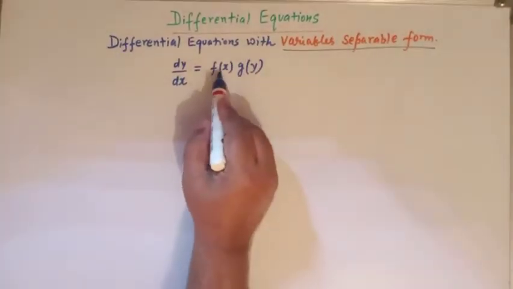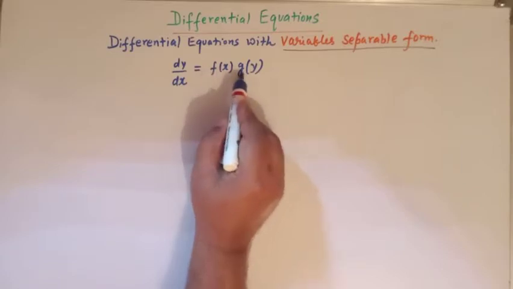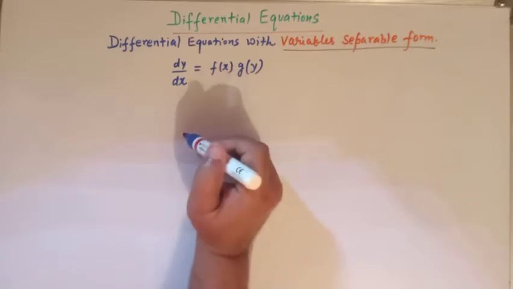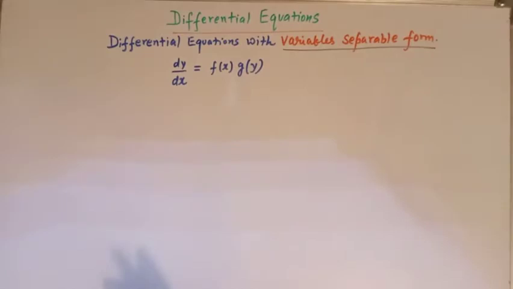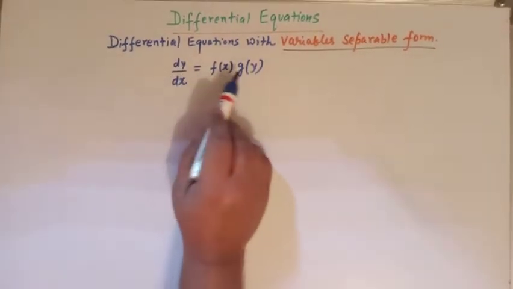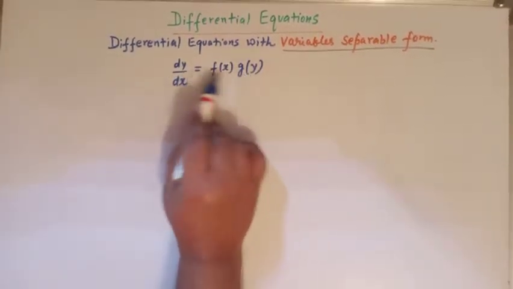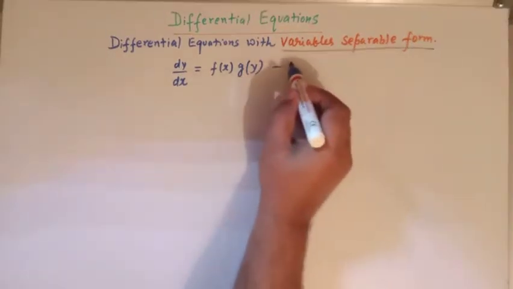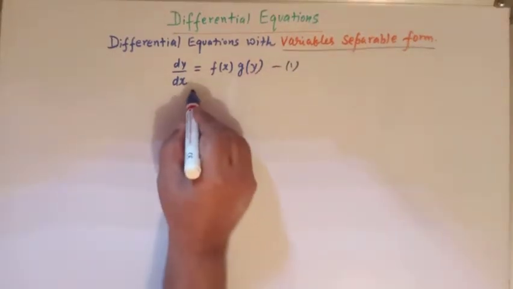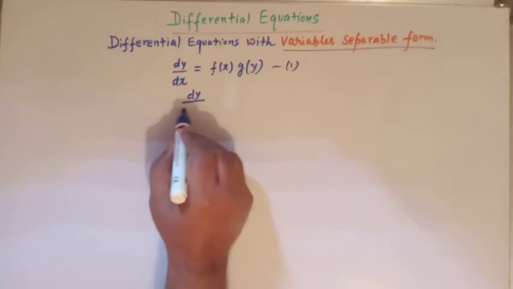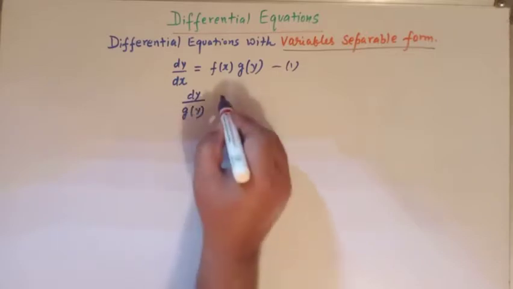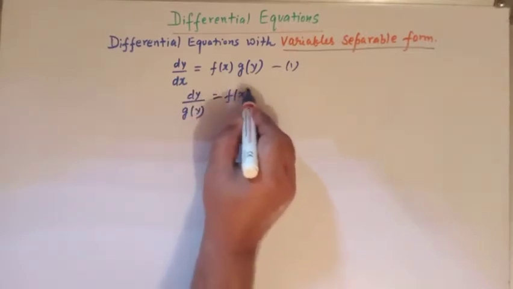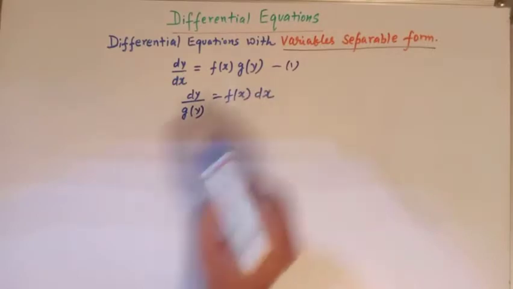Here f of x is a function of x and g is a function of y. Now here we see that if we write this differential equation 1 in the form dy over g of y equals f of x dx.